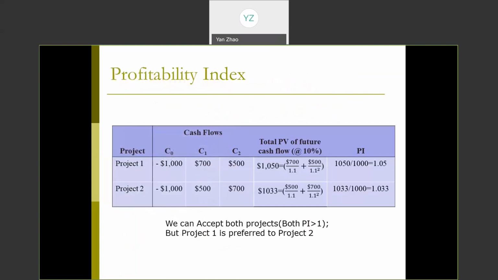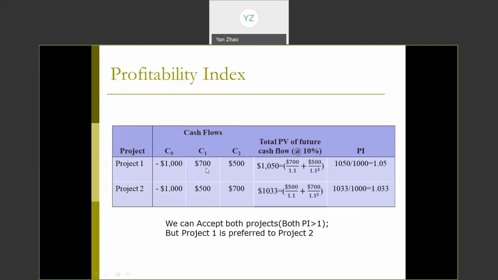So here is a numeric example of the profitability index. We have two projects. Both require $1,000 in initial investment. The future cash flows are 700, 500. So how do we calculate the total present value of future cash flows?